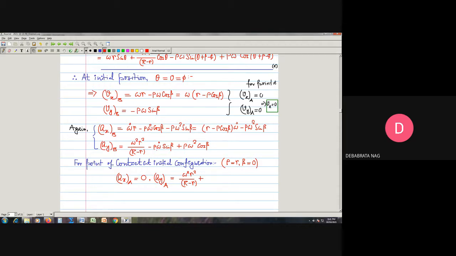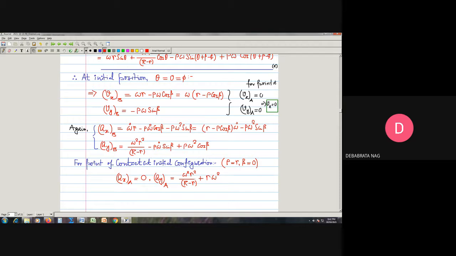So even if the body is having angular acceleration, it is not being reflected here. That's very interesting, your omega dot term does not survive, and then you have r omega square and cos beta is 1. So it is definitely not equal to 0. So unlike the velocity component, the acceleration component is not vanishing.